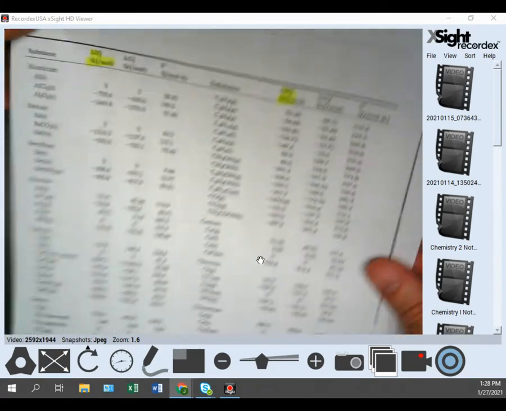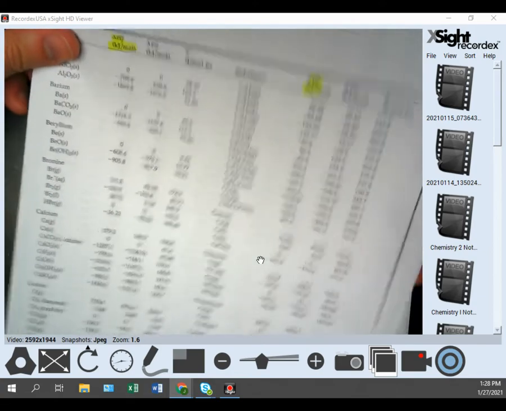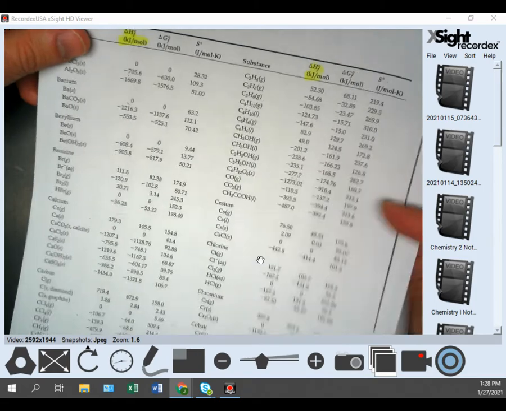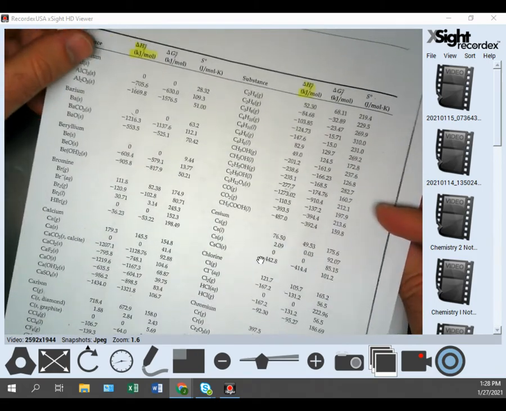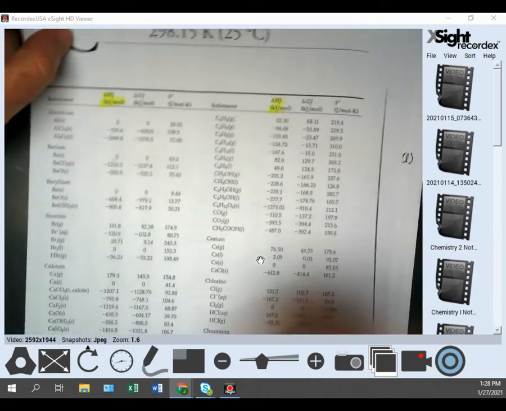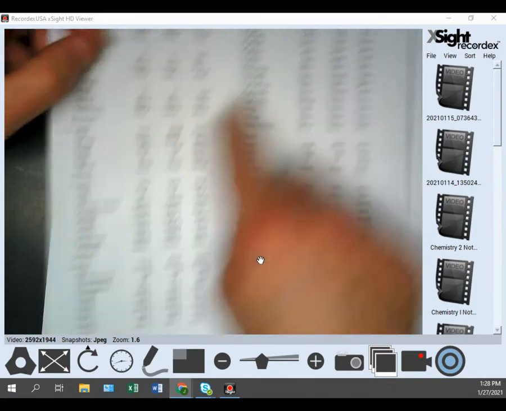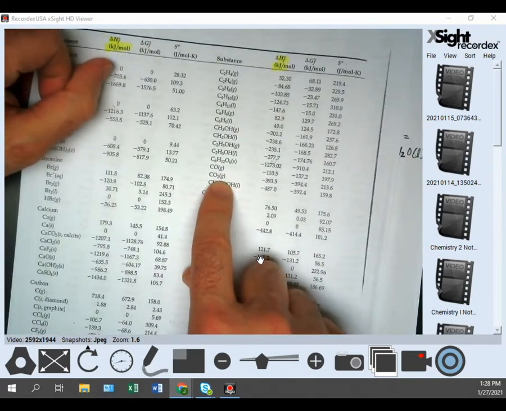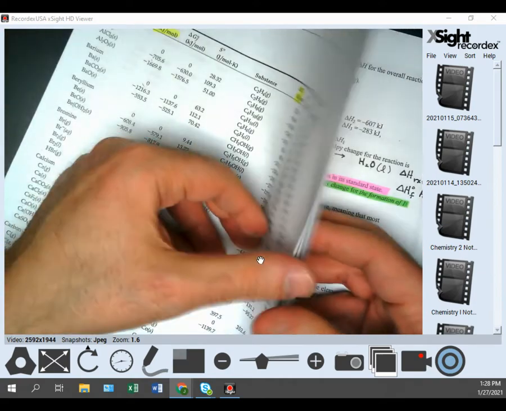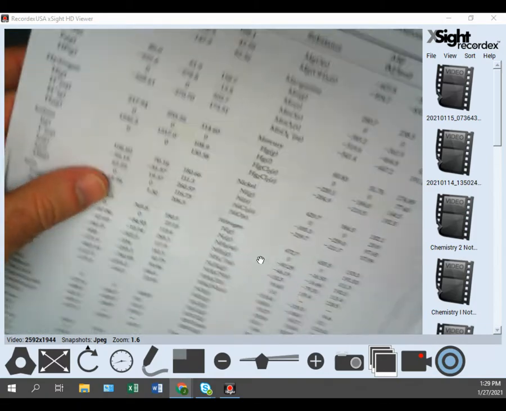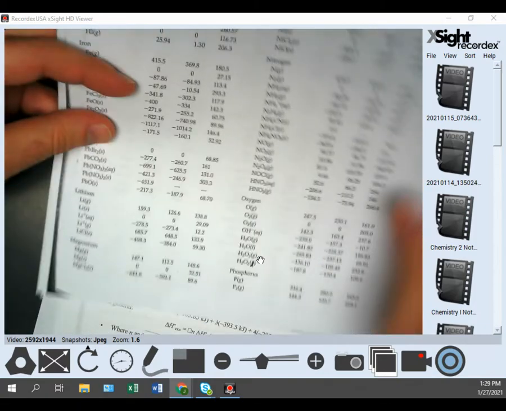It depends on what you're looking for. For example, if you're looking for carbon dioxide, that's going to be under carbon. Here, carbon starts here, and then carbon dioxide over here. But if you look at oxygen, water is actually under oxygen.